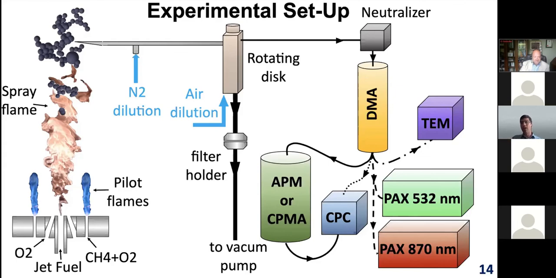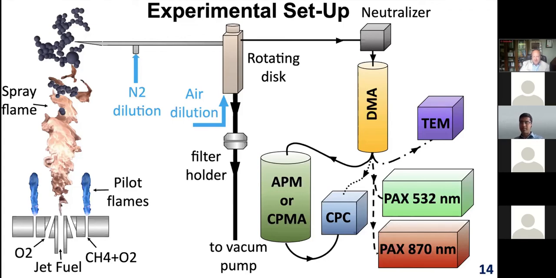Our overall dilution ratio was about 20 to 25, and with that, particle concentrations were on the order of 10 to the power of 7 to 8. But that needs further investigation because we did not quantify our overall dilution ratio very accurately.